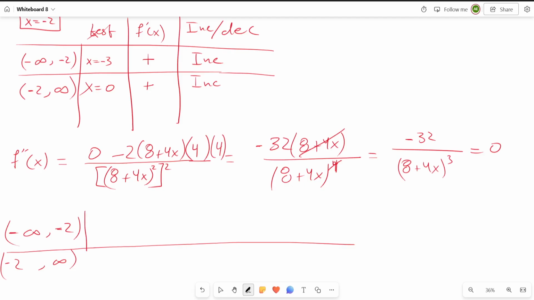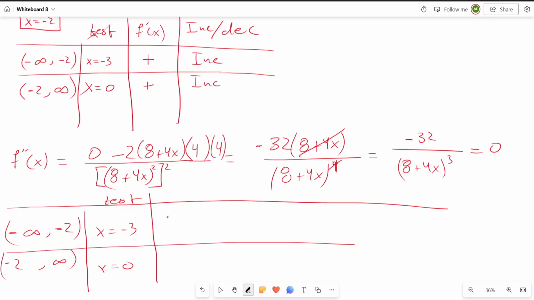Okay, again, let's take the same test points, x equals -3 and x equals 0. And over here, we will evaluate f double dash of x to see its sign. And then over here, we'll determine if it's concave up or down. And we can erase this bit over here.